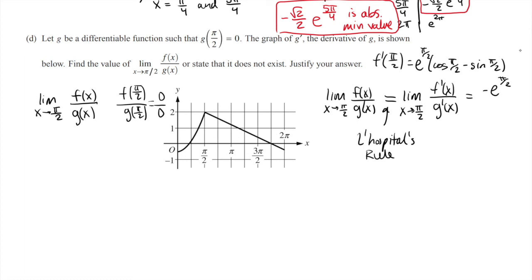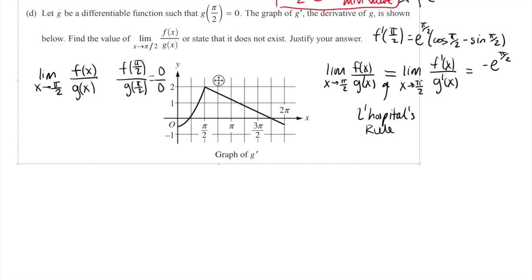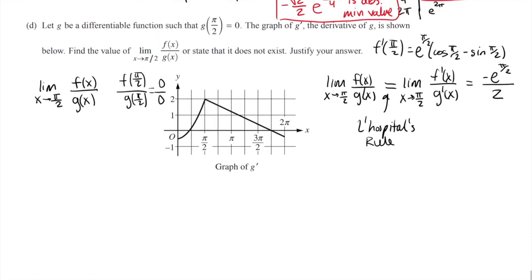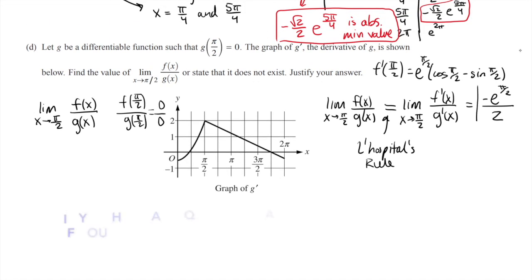And now what's the limit as x goes to pi over 2 of g prime? G prime has a limit, and it looks like, because this is the graph of g prime, that limit is 2. So we get negative e to the pi over 2 over 2. And that is our answer.